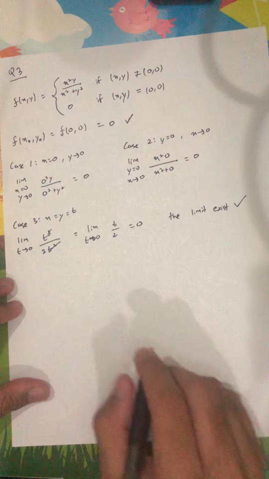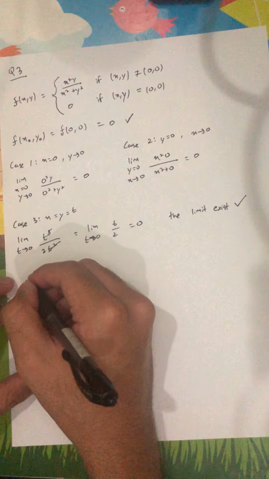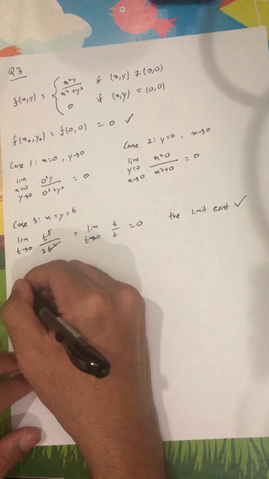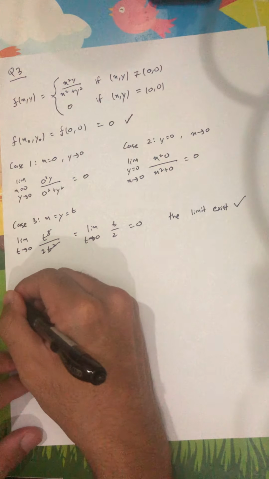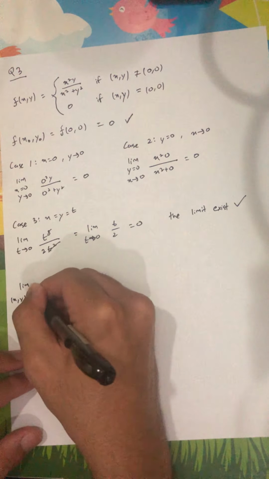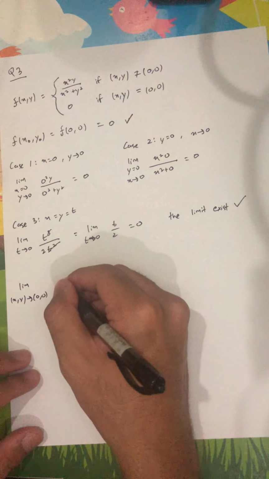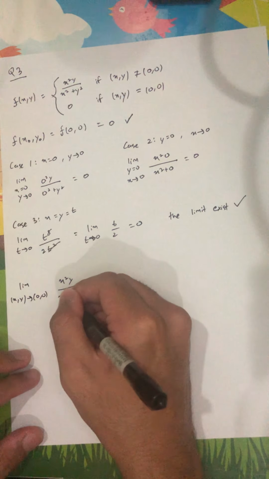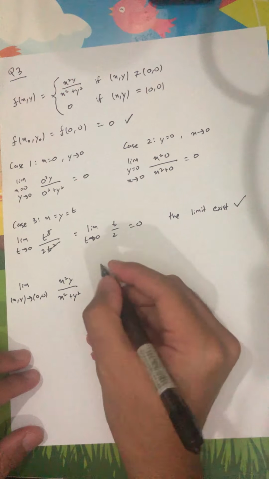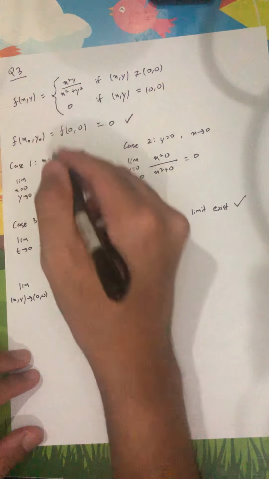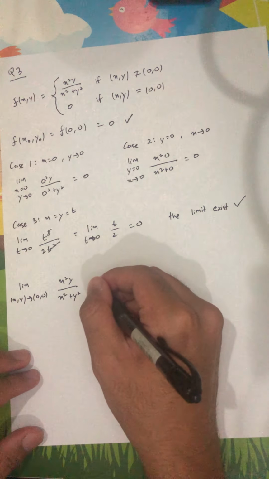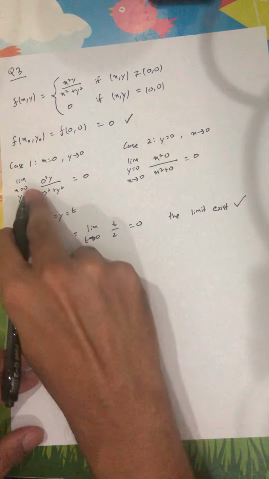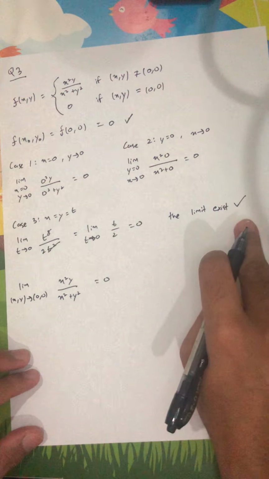So rule 3 states that let's see, if the limit as (x, y) approaches (0, 0) of x squared y over x squared plus y squared is equal to f(x naught, y naught). Okay, so what is the limit? It is 0, right? Because we have found the answer here, the limit is 0.